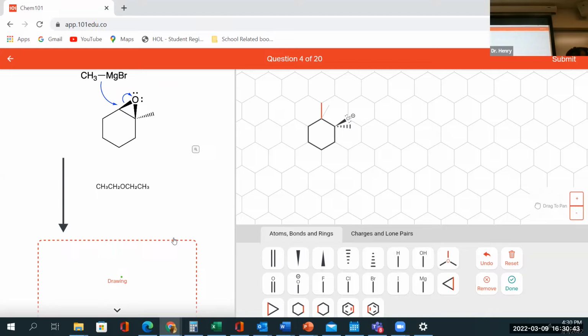And so if it's under acid conditions, then we get the nucleophile added here. If it's under basic conditions, we get the nucleophile added on the opposite side, and then we get the OH. So in this case, we have the nucleophile being added here, right?